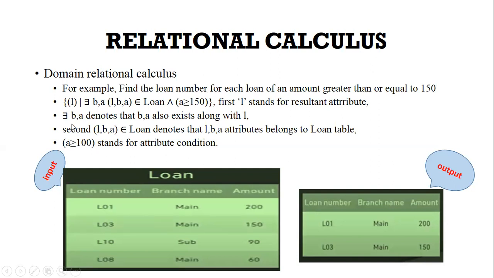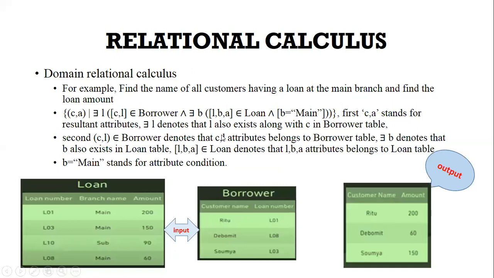The extension attribute B comma A denotes that BA also exists along with L. The second, LBA is an element of loan, denotes that LBA attributes belong to the loan table, where amount greater than or equal to 150 stands for the attribute condition. It is the same example as before, but previously we did it for greater than or equal to 100, and here we are doing it for greater than or equal to 150.